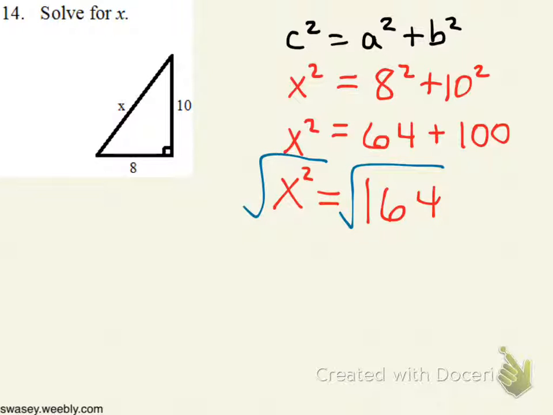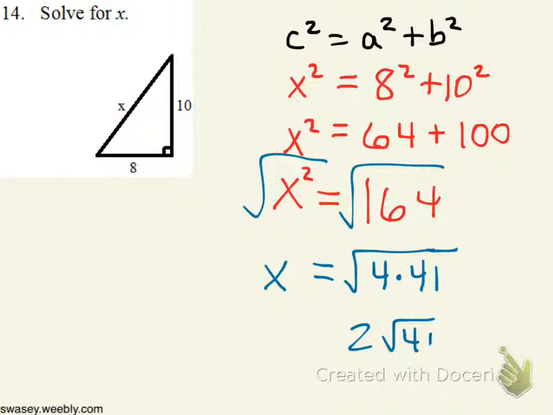Only a positive answer makes sense here. 4 is your biggest perfect square factor here, so 4 times 41 is 164. And so we get 2 square root 41 for the exact answer, and we can also go to our calculator for a decimal approximation. And so the decimal approximation is about 12.8.